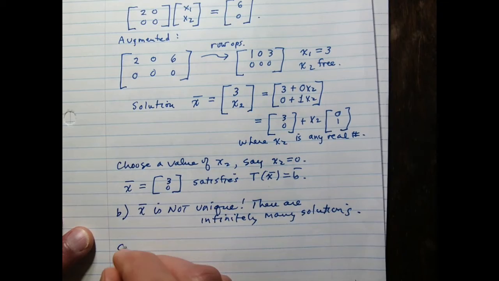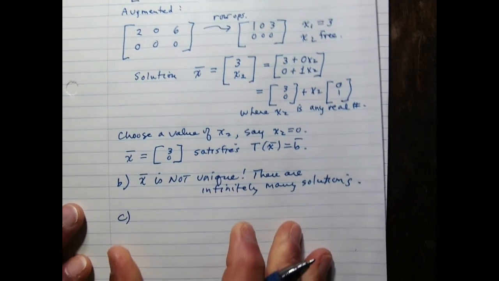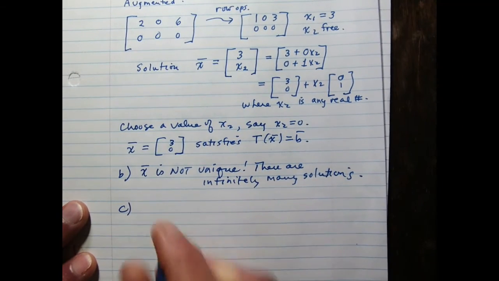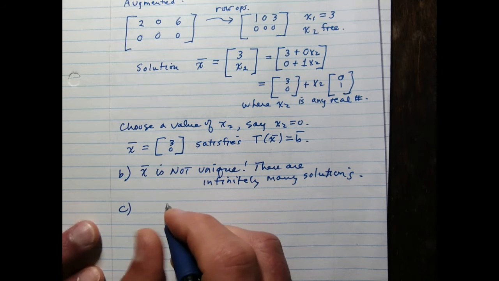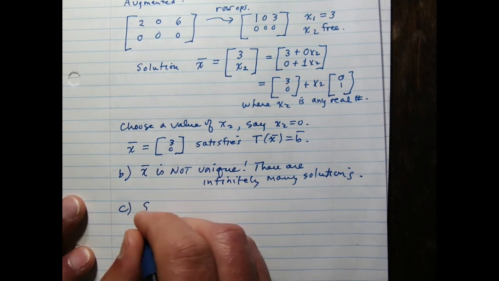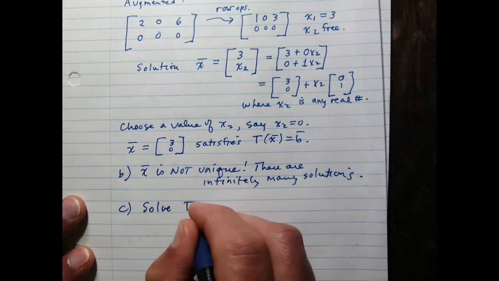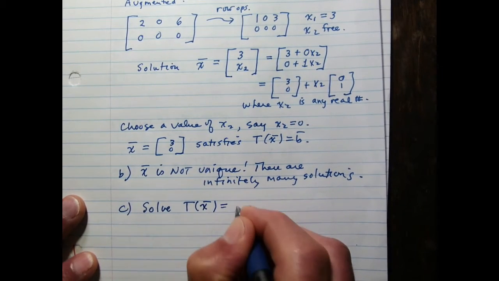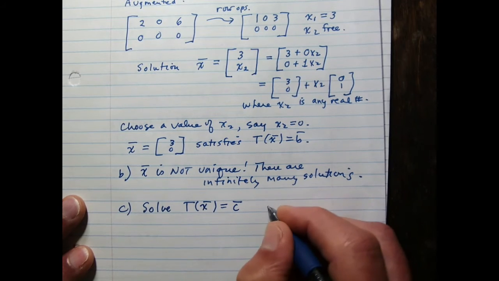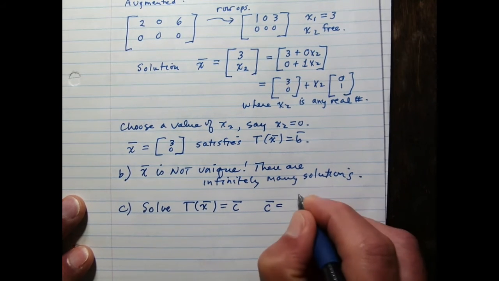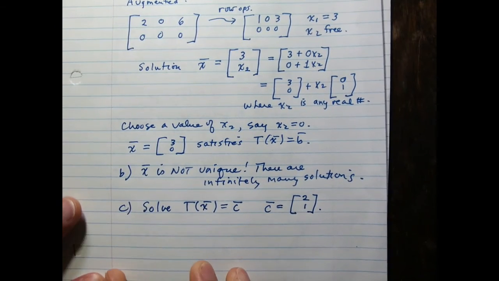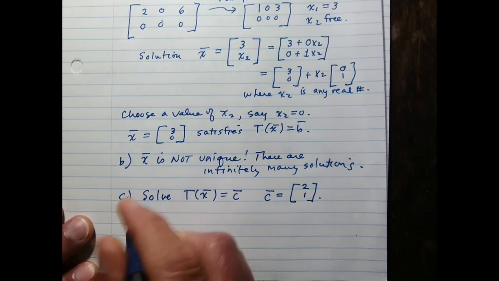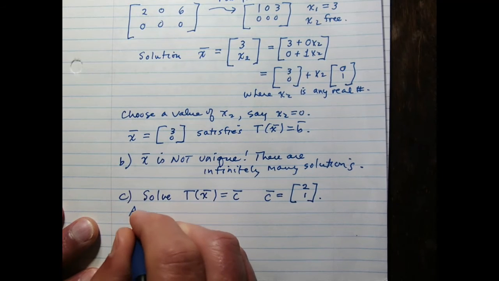And then part C is different now, okay? We're changing the b vector to a different vector. We want to solve T of x equals c, where c is 2, 1. So I'm just changing the b vector to c. I'm going to go right to the augmented matrix.